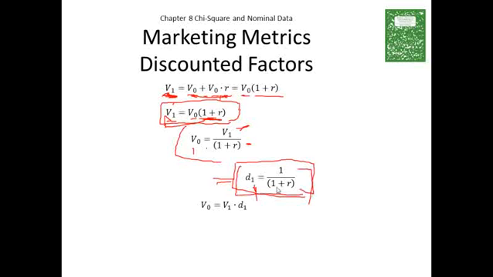With this discount factor thus defined, we can say the value today, here, is equal to the value tomorrow, there, times the discount rate, because the discount rate is 1 over 1 plus R. So the value today is equal to the value tomorrow times the discount rate.